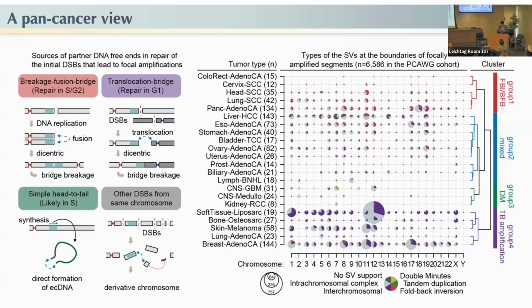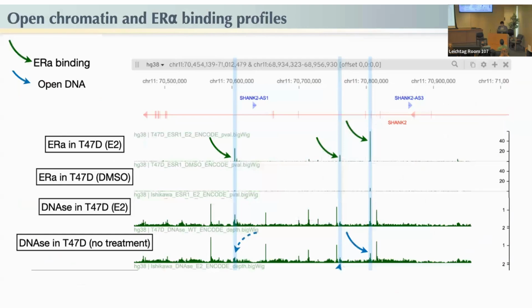Now, you could still ask why those sites in particular. I mentioned the very, very strong ER-alpha binding, but it certainly also has to do with tissue-type specific chromatin features. So for instance, here we looked at DNA's open chromatin mark.